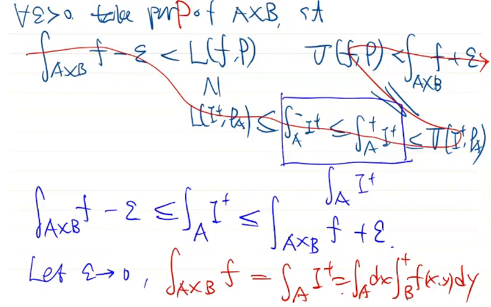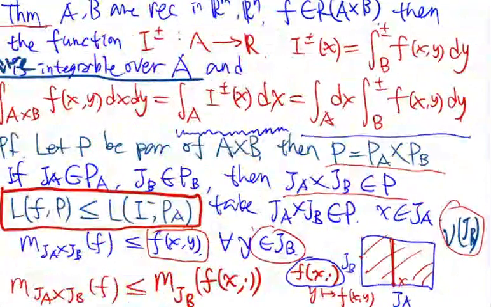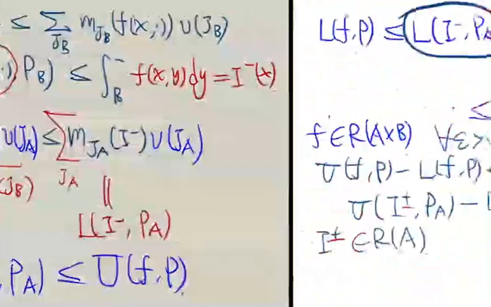Okay, so this proves our theorem. Our theorem, of course, I just proved the equality for the upper integral, because I used I plus. Similarly, you can prove it for the lower integral, discussing with I minus. Okay, so this important theorem is proved.